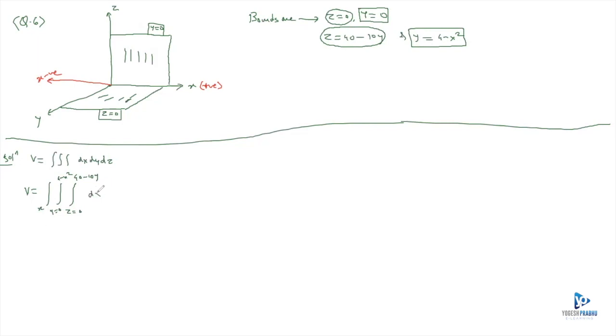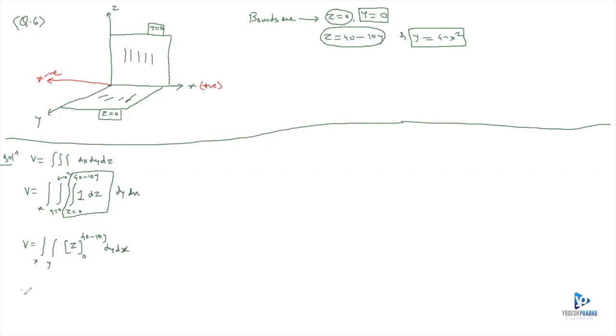What do we integrate first? dz, the inner one. And then we'll do dy and then dx. Tell me, what do we get? Integral x, integral y will keep for later. What is the integral of 1? z. We'll go from 0 to 14 minus 10y, and dy dx is pending.